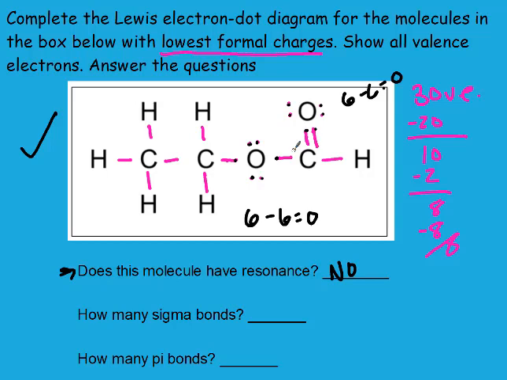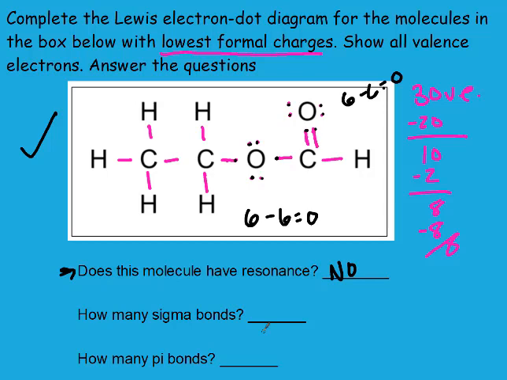So for our purposes, we're going to say no, it does not have resonance because the majority of the molecule would not have resonance. If we could have put that double bond on the left, how we had it a second ago, and the formal charges would have been 0 both ways, then yes, it would have had resonance.